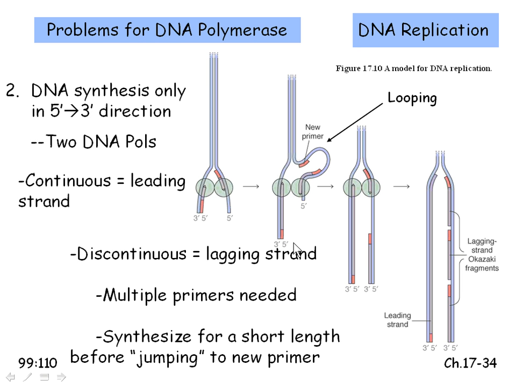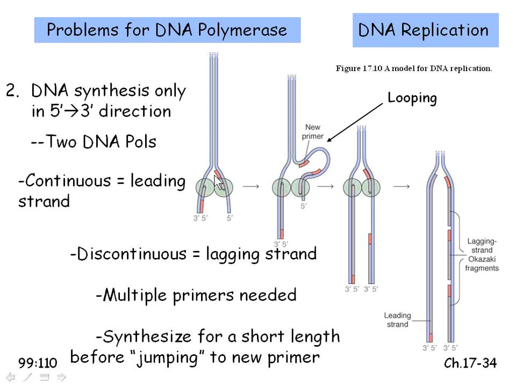So here we have a picture of DNA in blue. These two green circles represent the DNA polymerases that are working at the replication fork. And this polymerase on the left is accomplishing continuous DNA replication on what is called the leading strand. The second polymerase on the right is not going to be able to accomplish replication continuously because it's actually on the lagging strand of DNA.